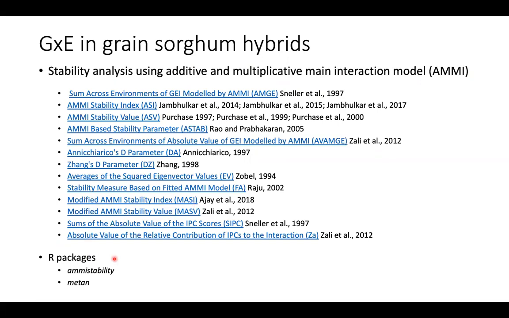We will be using many packages, but I'll be focusing on GGE and AMMI stability, and I will introduce a little bit of Metan, which is a really good package. Since it has more functions than stability and GGE, I'll cover it quickly at the end, just to say that there are multiple ways for you to run a GGE biplot. And with that, I think we can start working with R.